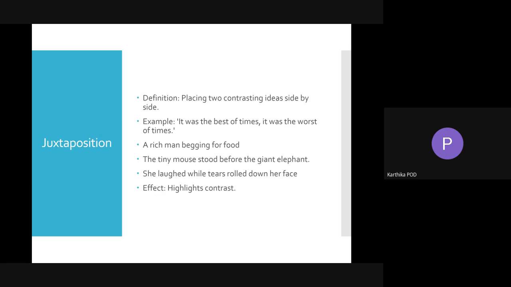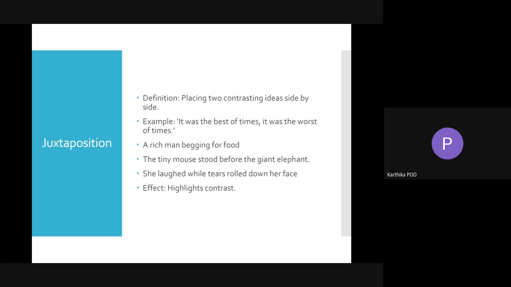Next comes juxtaposition. Juxtaposition is where two contrasting ideas are placed side by side. What are the examples of that? It was the best of times, it was the worst of times. This is the opening line of a very famous book called A Tale of Two Cities by Charles Dickens.